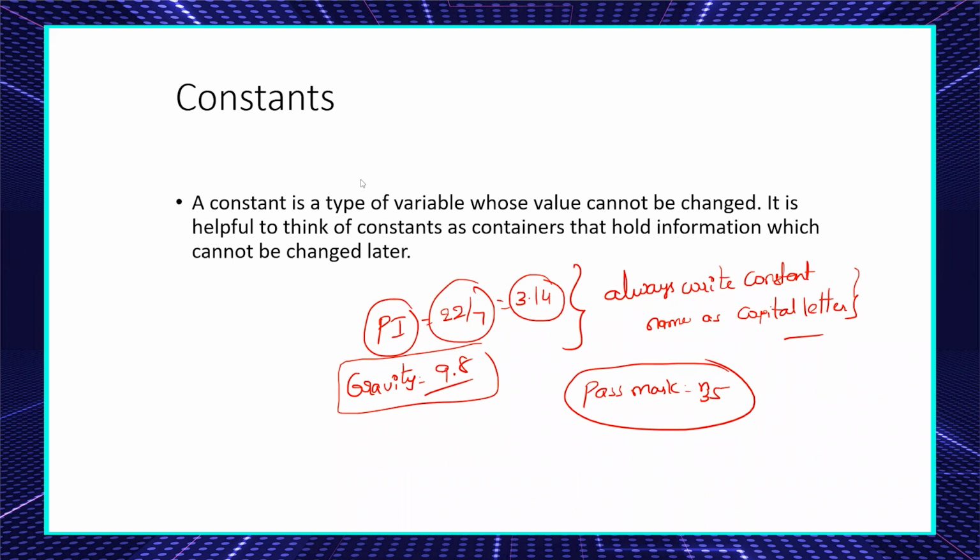Constant is a type of variable whose value cannot be changed. Now, Judy, can you summarize the difference between variable and constant? Variable changes and constant will not change. What changes in a variable? The value at the memory address location gets changed.